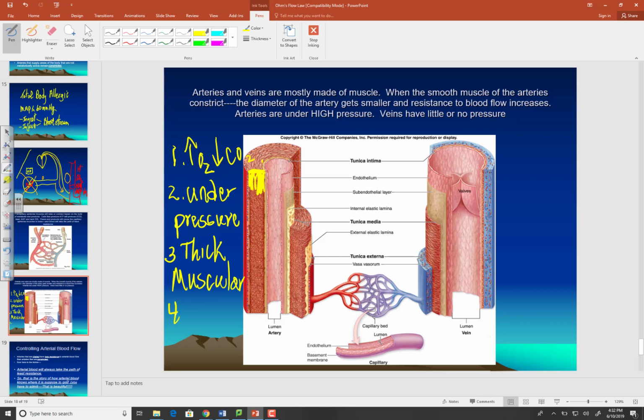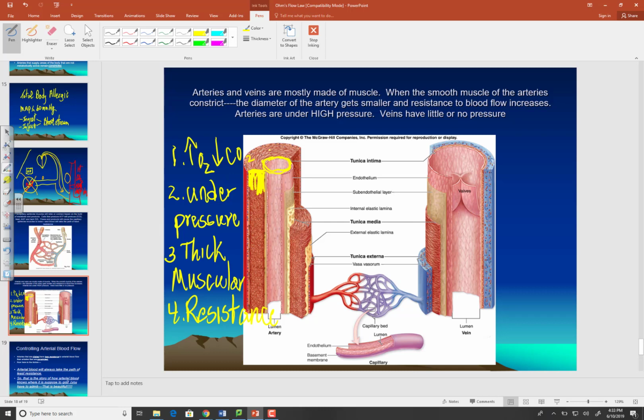Number four, they're referred to as the resistance vessels. Because they're under pressure, that's how blood flows. And what really determines the resistance in a systemic artery is the hole that blood flows through, and that's called the lumen.